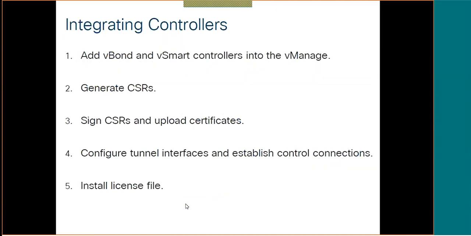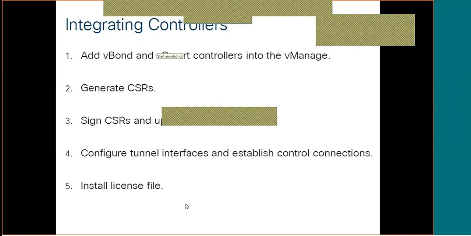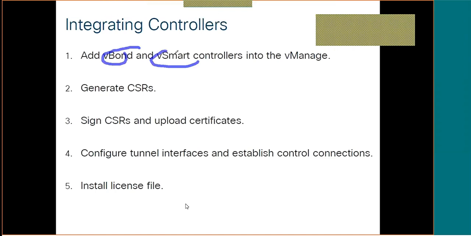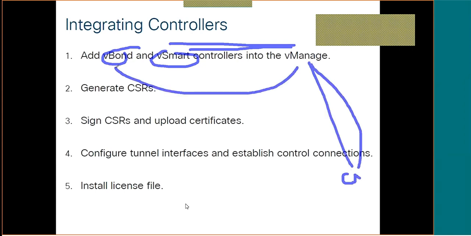That means the CSRs are still generated on the vBond, and vManage collects the CSR from them, forwards the CSR to the CA, downloads the certificate and installs it back into vBond, and likewise into vSmart, acting as a proxying device.